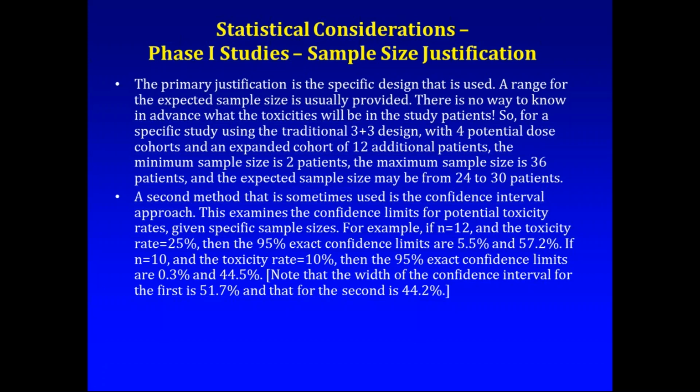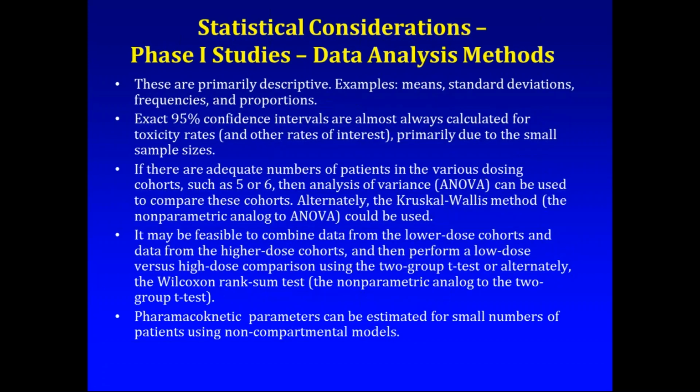You can see the width of that first confidence interval is a little over 50%, and the second's around 44%. And yes, that's wide, but that would still provide us with some useful information. I mean, if you're just doing some wild guess, it would be from 0 to 100%, right? So at least here we can refine it a little bit and get some idea of the precision of the toxicity rates that we can determine from our study.